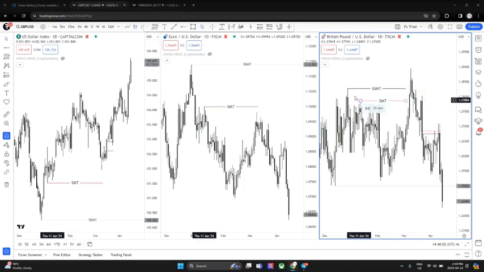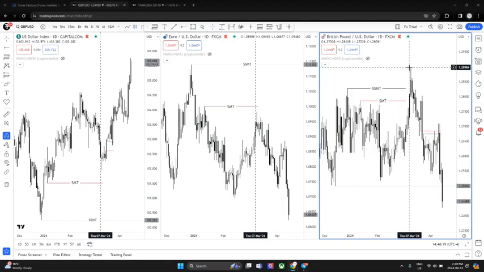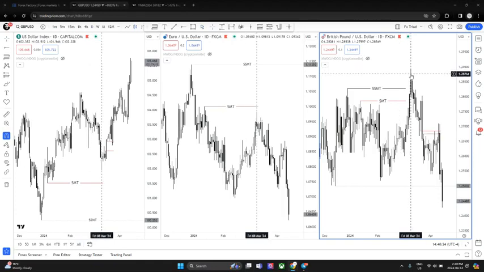So we had this high here, price traded above both of them. We had SMT first, and then after SMT, sequential SMT, right? A precision swing point occurred right here on this candle. Right on this candle, there was a precision swing point, right?